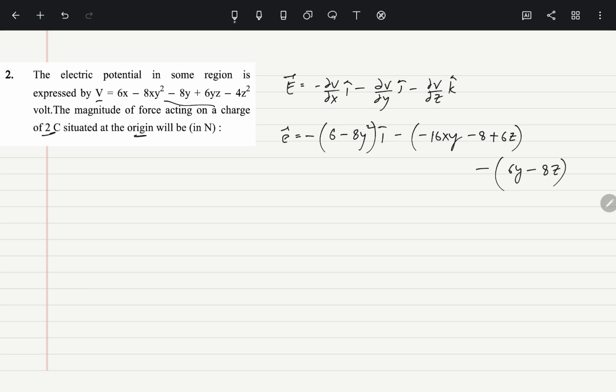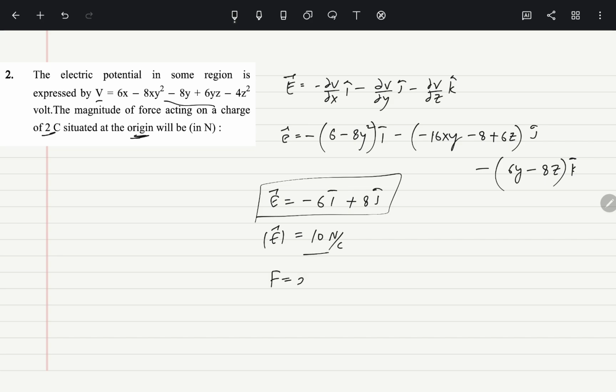Clear? Now we need to find the force, so the electric field at origin. So just put x, y, z equal to 0. The electric field is coming as minus 6 i cap plus 8 j cap, and the k cap component is 0. So this is the electric field. The resultant of this one is 10 Newton per coulomb.